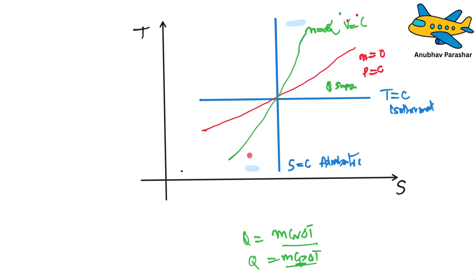In the fourth quadrant is heat rejected. This is what it is, the TS diagram, and we will need these diagrams while learning the cycles.